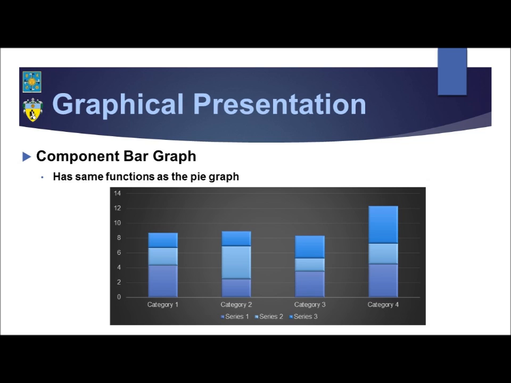But take note that your component bar diagram is preferable over the pie chart in comparing the composition of two or more different groups. Like for example, in our hypertension study, take note that the information about the lifestyle of the participants, or the number of people who answered yes or no for the different lifestyle questions, were presented using a component bar graph.